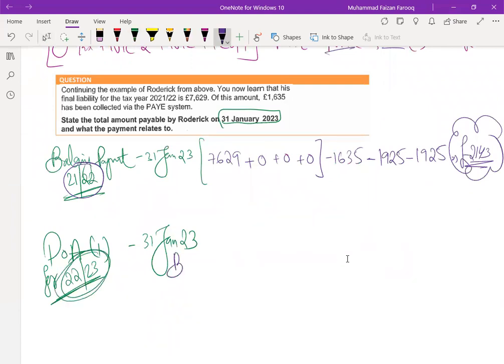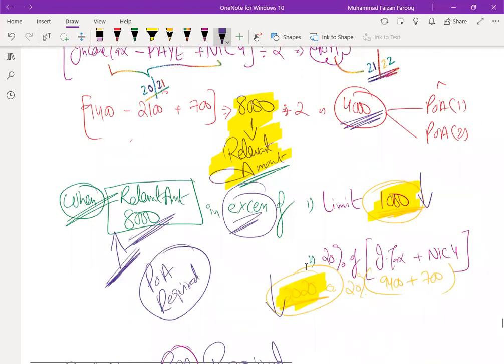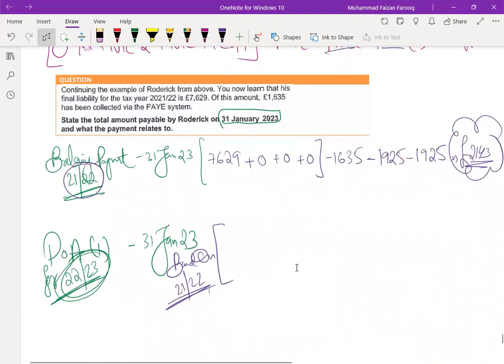And the working will be based on which tax year? Our tax year 21-22. And the formula for POA we know: income tax minus PAYE plus NIC4, divided by 2. So if I apply this in this question, income tax is there, 7629, 21-22 data, no?